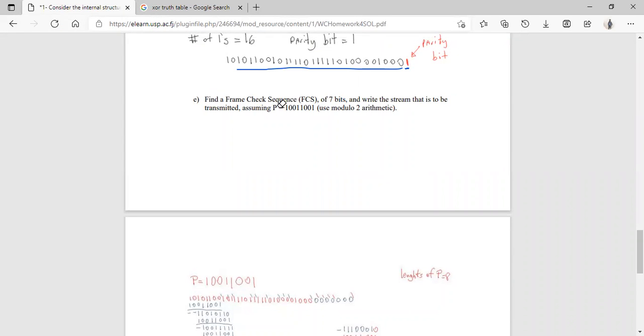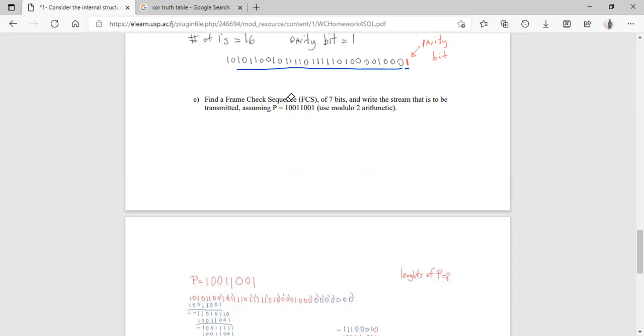In order to find a frame check sequence, what do we do? It says we need a 7-bit frame check sequence. First thing first, the frame check sequence is added at the end of the transmitting data.